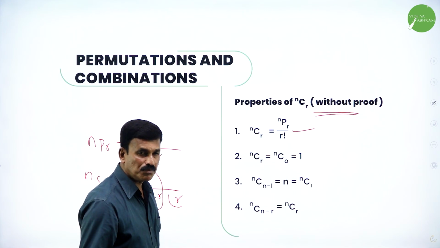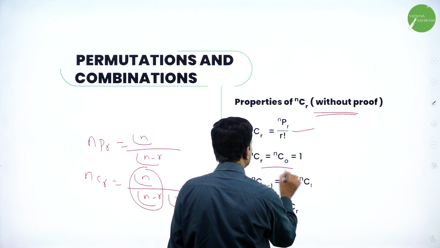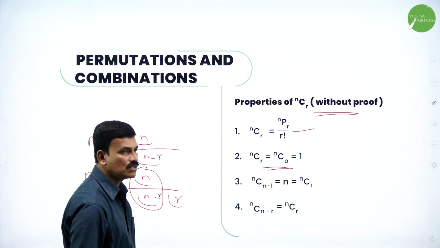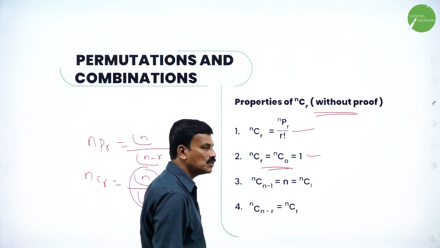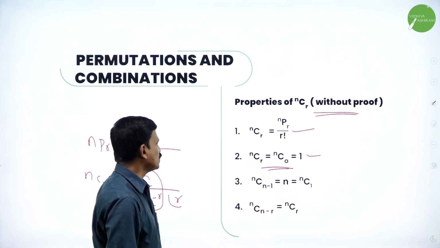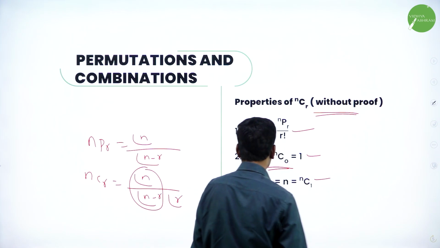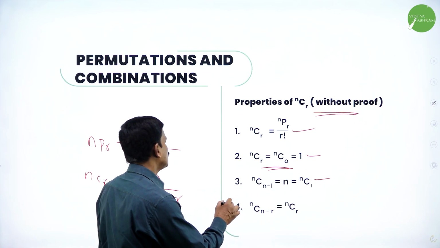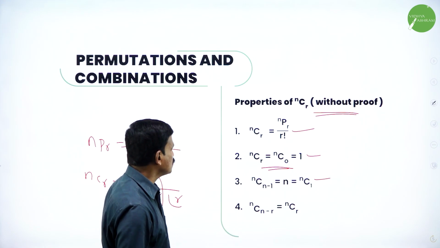Now, another important property is nC0 is equal to 1, and nCn is also equal to 1. The value of nCn as well as nC0 is always equal to 1. Now nC(n minus 1) is equal to n, which is also equal to nC1.